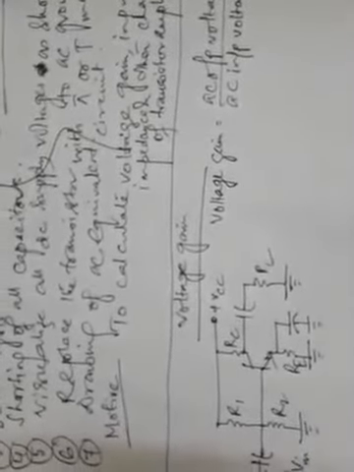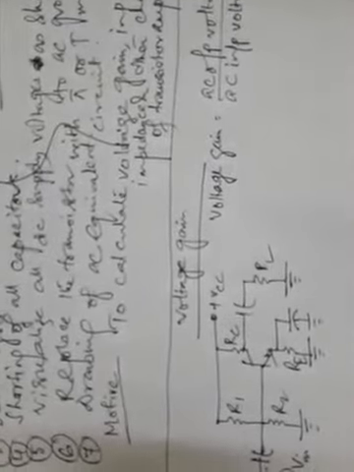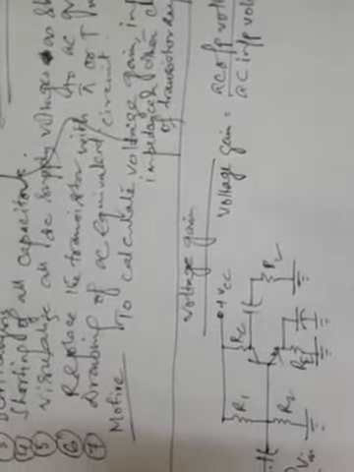With respect to this AC input voltage, we want to see how much output will come, and if we take the ratio of the two, AC output and AC input voltage, we get the voltage gain. Now with this definition we can derive another equation for voltage gain which should be useful for various purposes. So now let us derive the voltage gain.